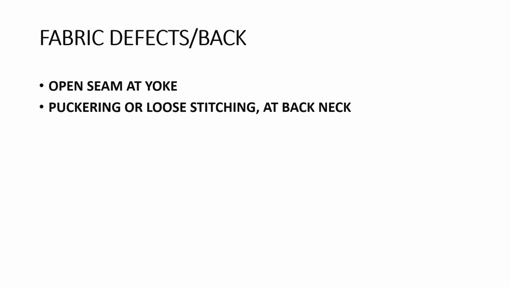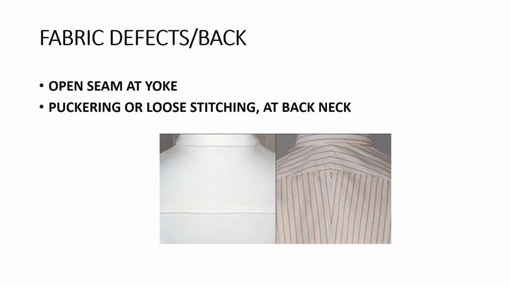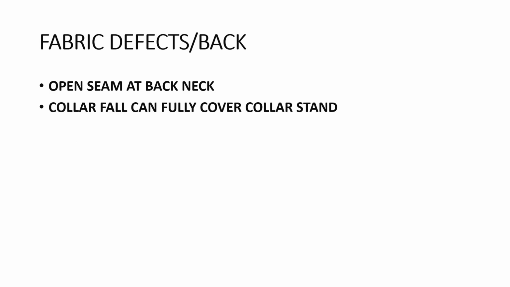Now fabric defects at the front, we have talked about. Fabric defects at the back also play an important role, as we have seen. Open seam at the yoke is important. Puckering or loose stitching at the back neck is important, as shown in the figure. Now when we are talking about fabric defects at the back, the open seam at the back neck is also important, and the collar fall, which can cover the collar stand, is an important area.